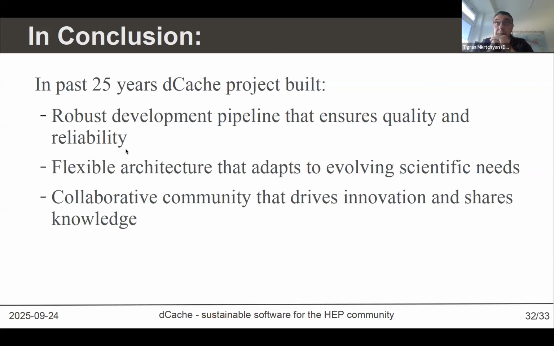We did this over the last 25 years, for example with the replacements of our namespace server. When we started with dCache in 2000, I think 2001, that is when we started the first production use, when the first analysis jobs started to run.